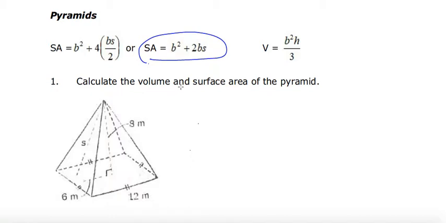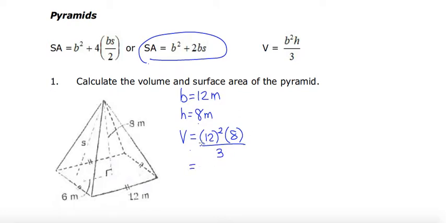We're going to use the base of 12 and the height being 8 meters. Those are the calculations we need for our volume. So the volume is 12 squared times our height divided by 3.